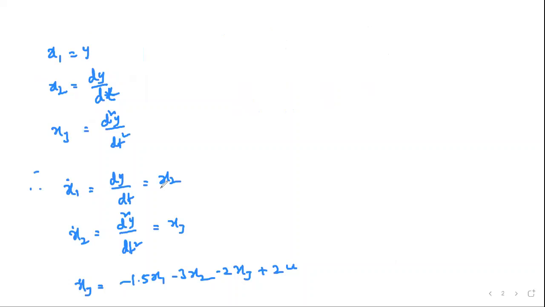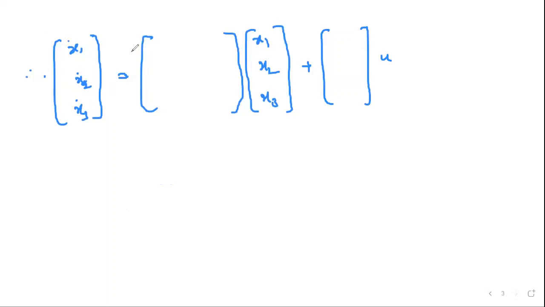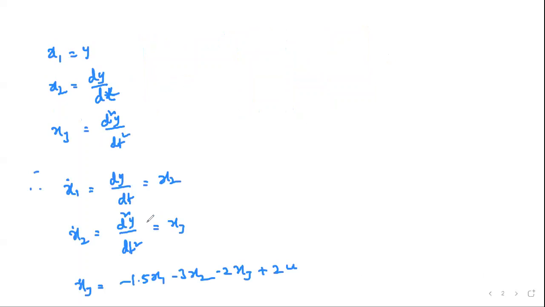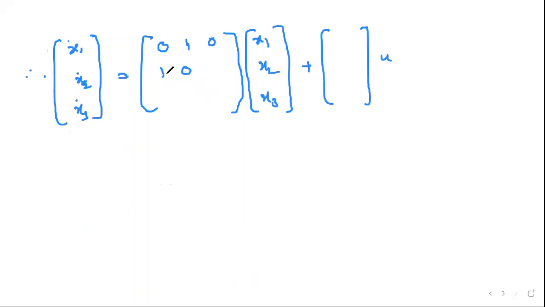From this, x1 dot is equal to x2, so the row is 0, 1, 0. Next, x2 dot equation is x3, so the row is 0, 0, 1.